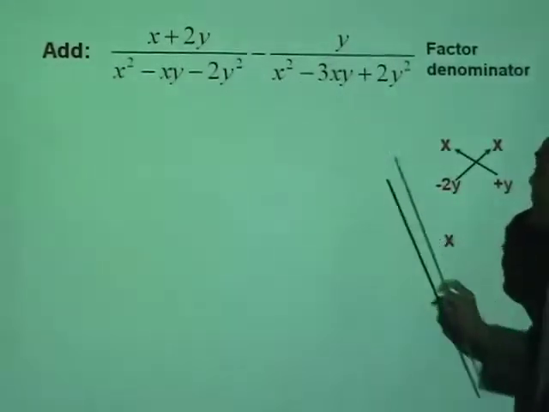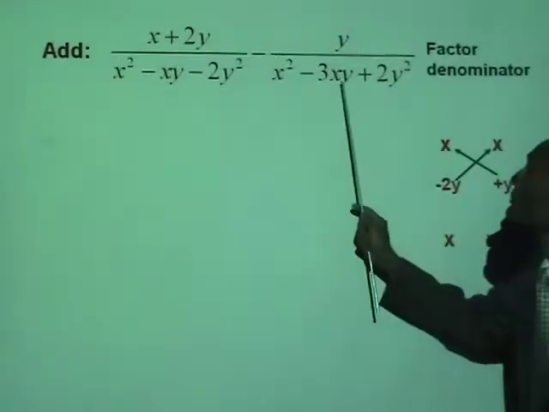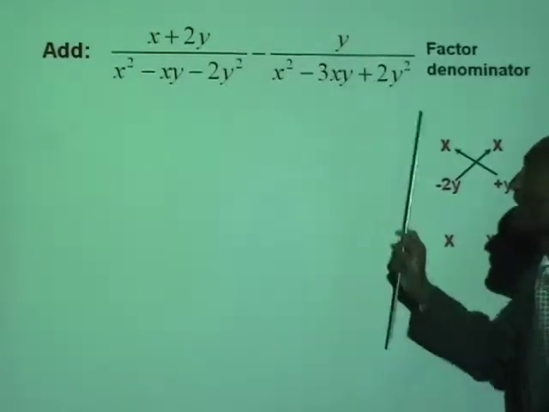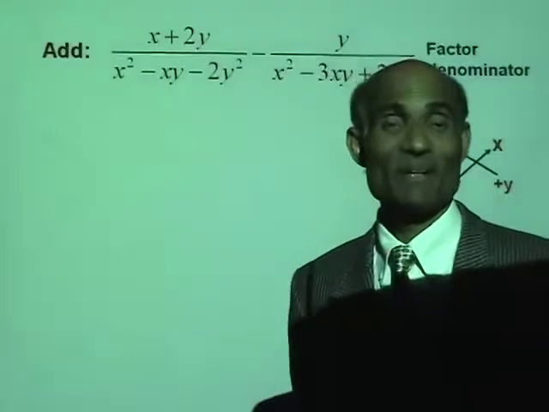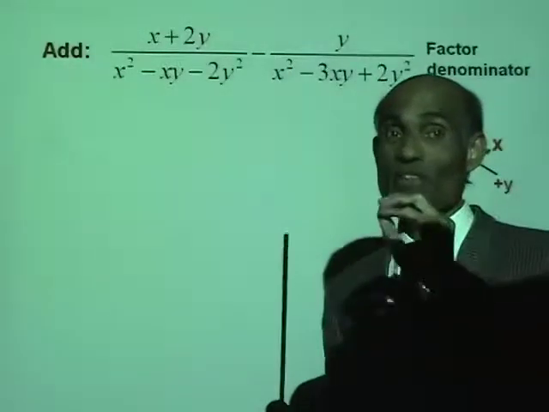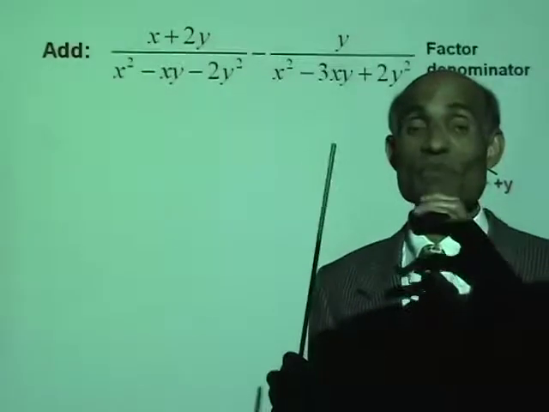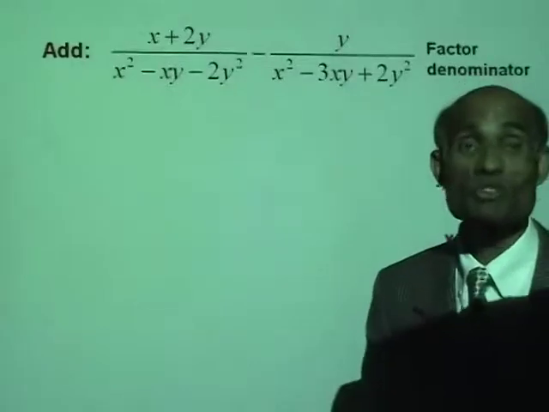Alright, x squared is x and x. And now if you notice, the middle term is negative 3xy. The last term is positive 2y squared. The middle term is negative, the last term is positive, which means both factors of the last term must be negative. And there is only one choice.